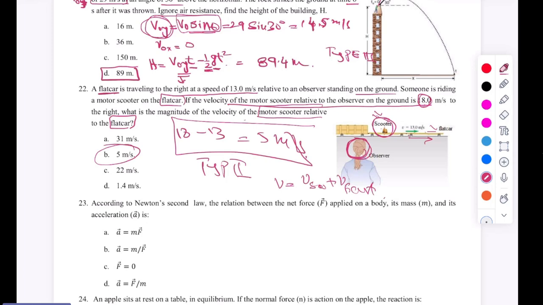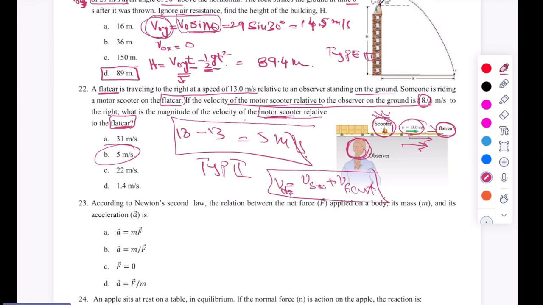But if we talk about what is the speed of this scooter with respect to this flat car, which is moving with 13 meters per second, then it has to be a difference. If we are moving with the observer, this is the condition. Because the question is what is the magnitude of velocity of the motor scooter relative to the flat car?